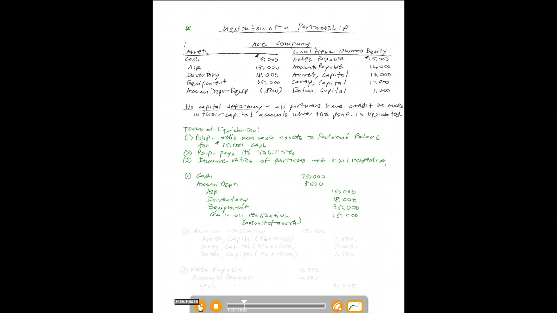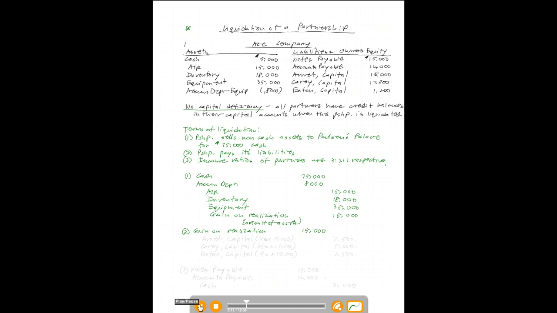this gain of $15,000. So the journal entry to do that is we're going to debit the gain on realization, or whatever the account title is that you use, of $15,000. And this gain is going to get distributed 3 to 2 to 1. And so you add these up, and they add up to 6.